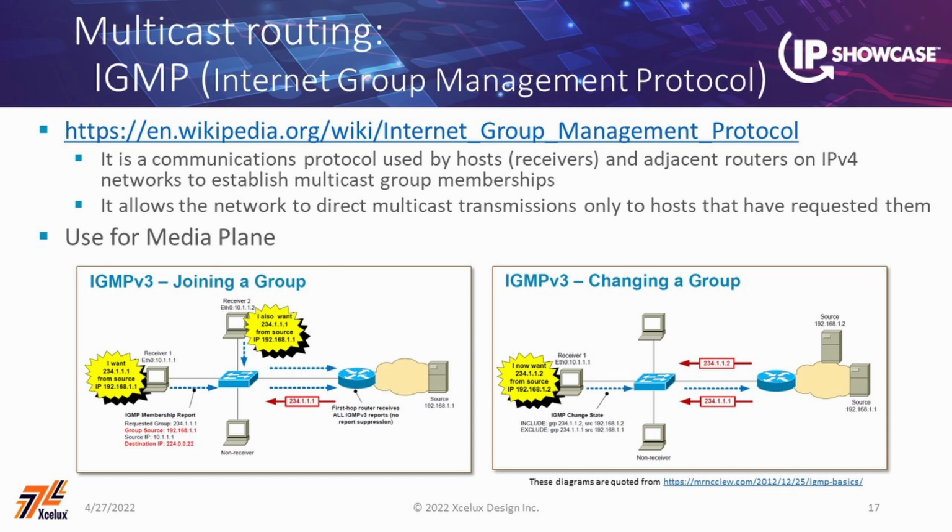And the next one is IGMP, Internet Group Management Protocol. It's a communication protocol used by hosts, and it allows the network to direct multicast transmission. If hosts, I mean the receivers, want to receive data from a sender, first the receiver has to join the multicast group by using IGMP.